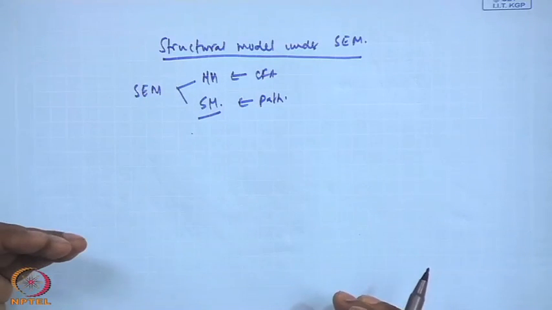But in the last class I said that you divide it into two parts, the structural part and the measurement part. The measurement part comes first: you measure the latent constructs and then use the correlation or covariance between those latent constructs as input to the path analysis of the structural part.